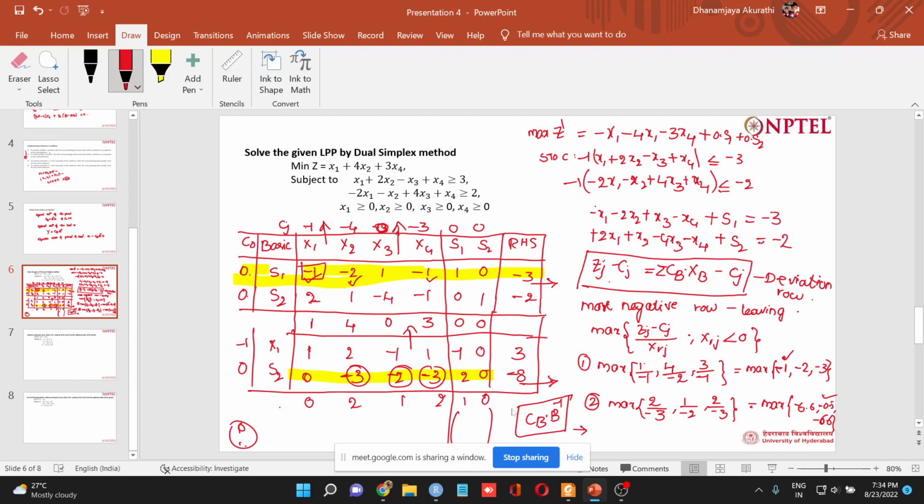So in a similar way, when can we say that this problem has an infeasible solution? Anyone had any idea? When can we say the dual simplex method is infeasible?